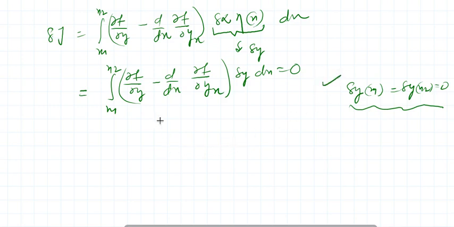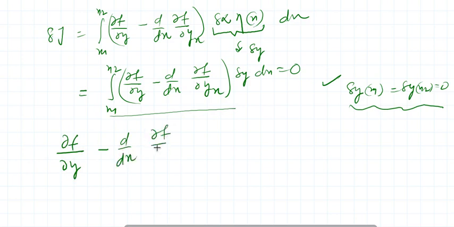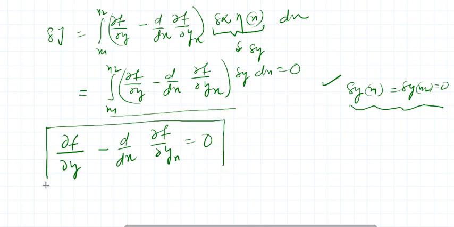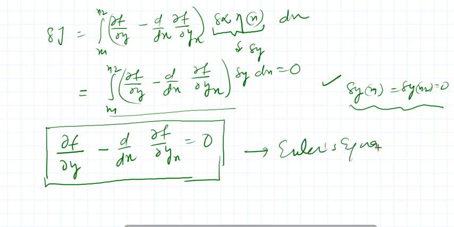So keeping this in mind, this integral must be equal to 0 if and only if the integrand ∂f/∂y minus d/dx of ∂f/∂y' is equal to 0. This is known as Euler's equation. And our Lagrange's equation of motion also looks identical, right?